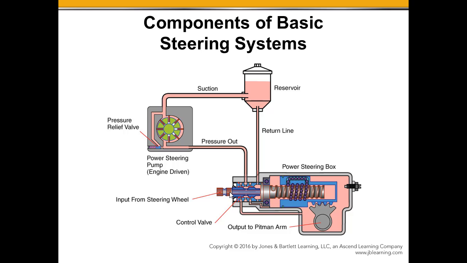A couple of things we've got here is the rotor valve, and in the center of that is the torsion rod. That's the connection between the steering wheel linkage through here to the worm gear on the steering gearbox. What we've got here is a recirculating ball steering gear.